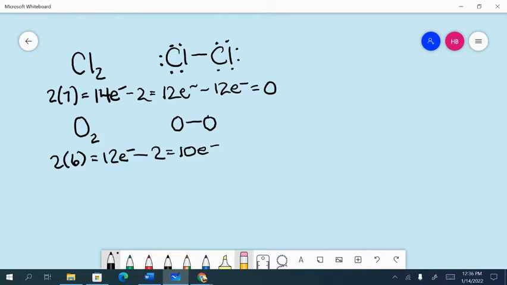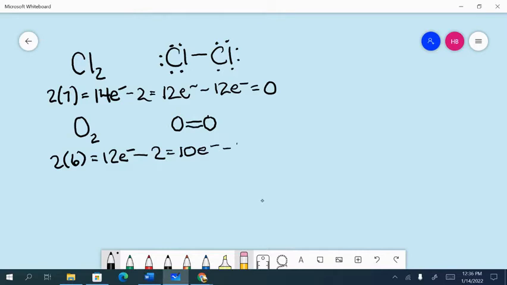Each oxygen only has 7 electrons, so it's not going to be happy. So I don't have enough electrons to satisfy both of the oxygens unless I use a double bond.